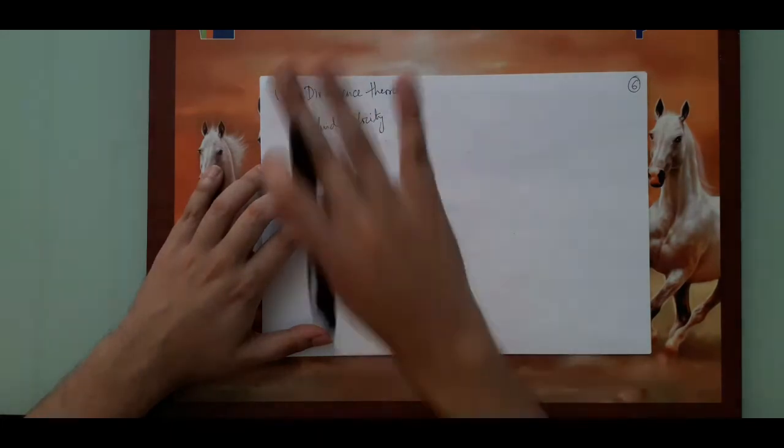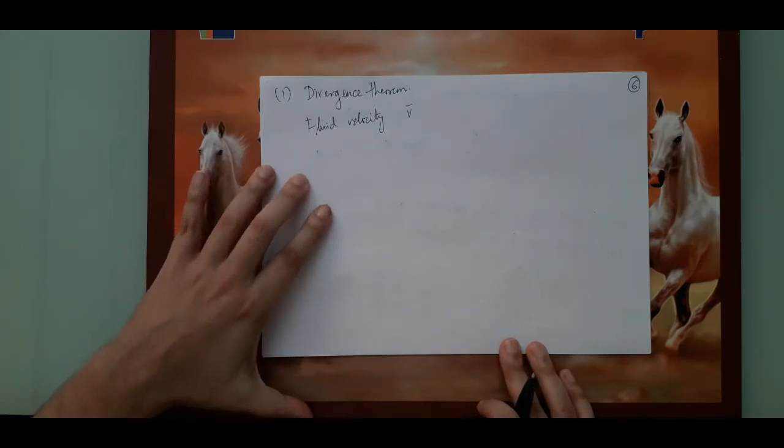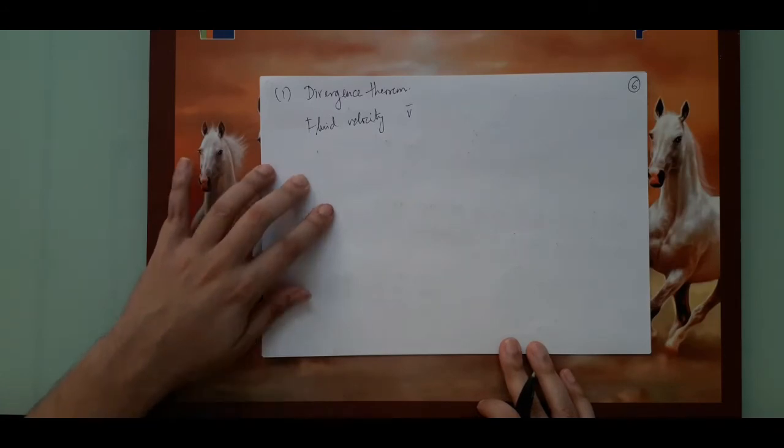Then the divergence theorem states that the total expansion or the compression of a fluid inside the 3D region equals the flow of the fluid, whether outward or inward.